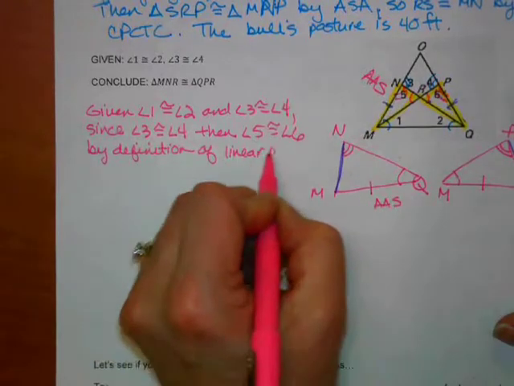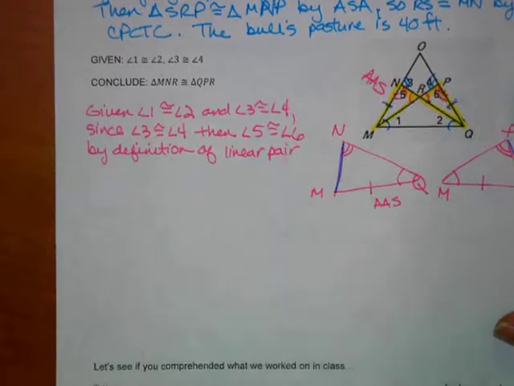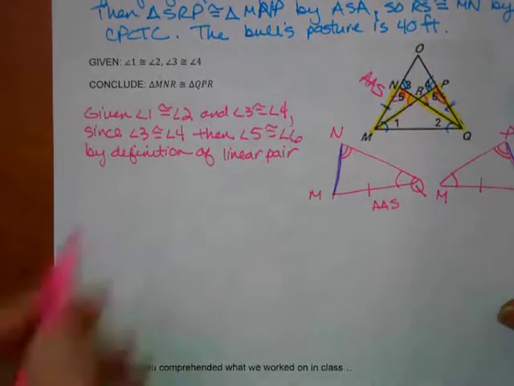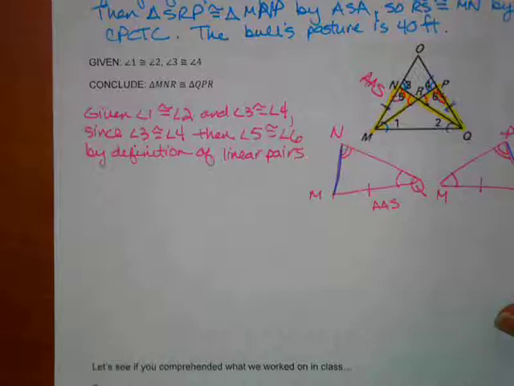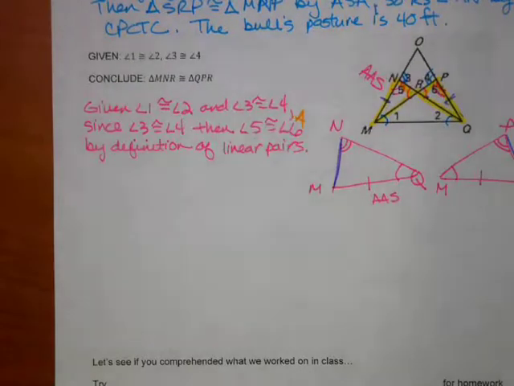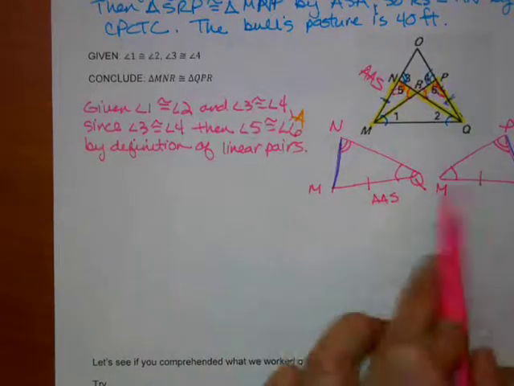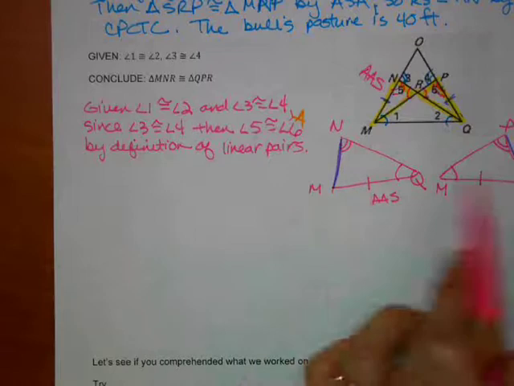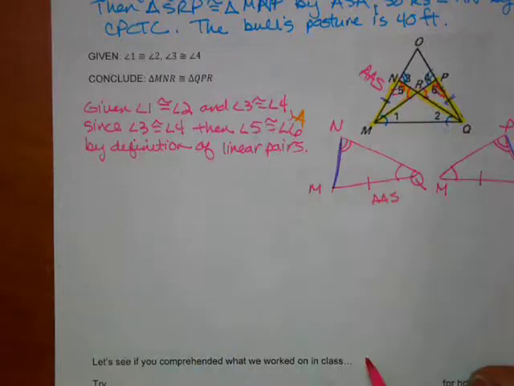I'll be honest with you, I feel a little shaky about that, but I know it's true. They're both congruent to the same angle, so we'll just say definition of linear pairs. So far I've done an A. Right now I'm working towards proving that these triangles are congruent, because I need that in order to prove the little triangles are congruent.